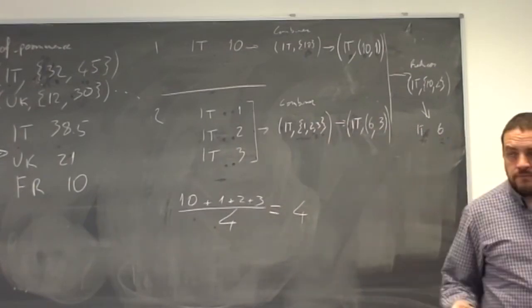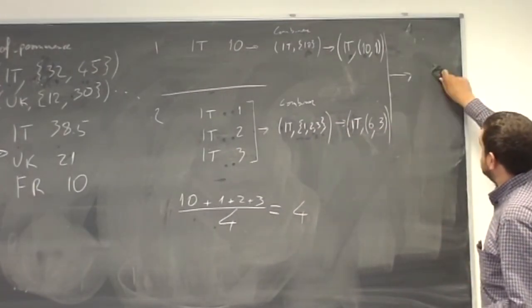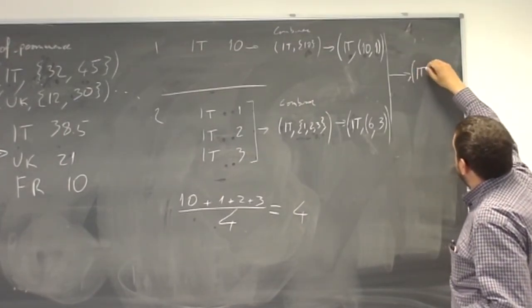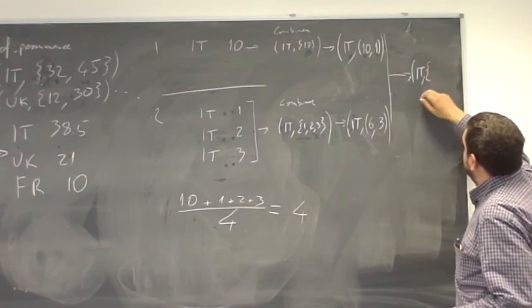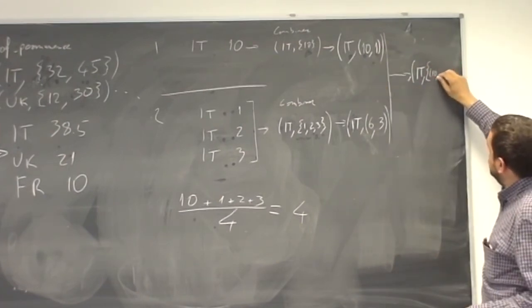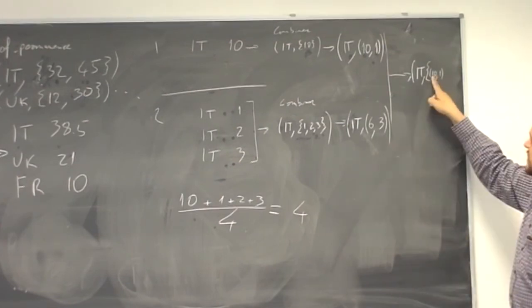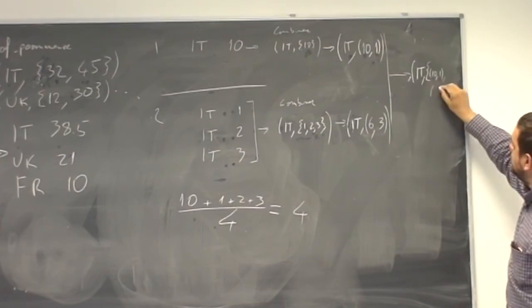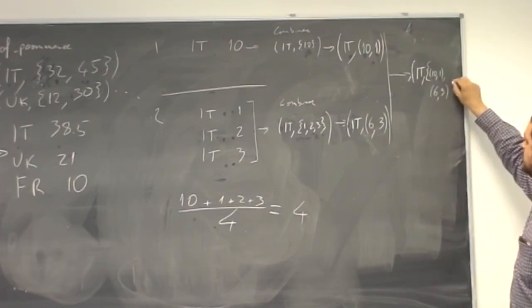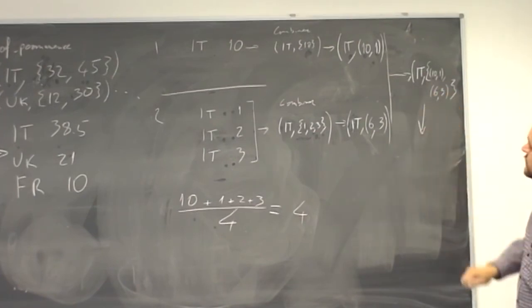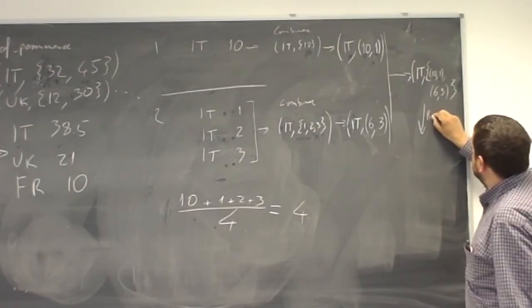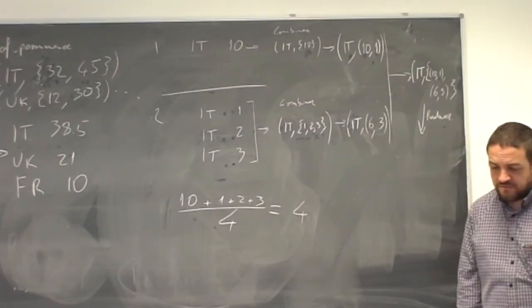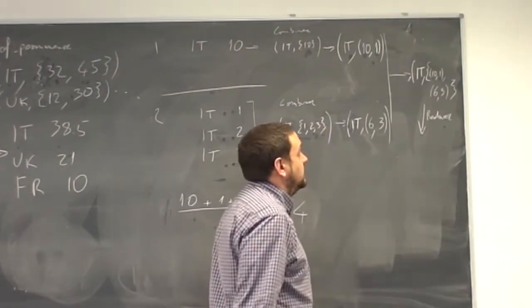So now the reducer will receive the country code IT together with a list of pairs. So it says this is a sum of 10 obtained by just 1 record, and then we have a sum of 6 obtained by 3 records. And this information now obtained by the reducer is sufficient to compute the final result.